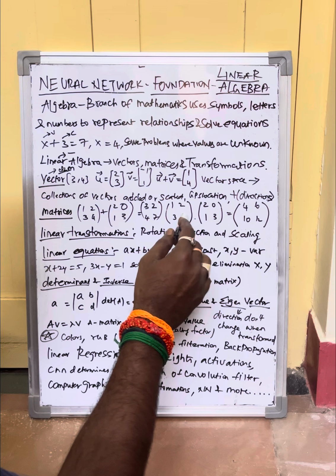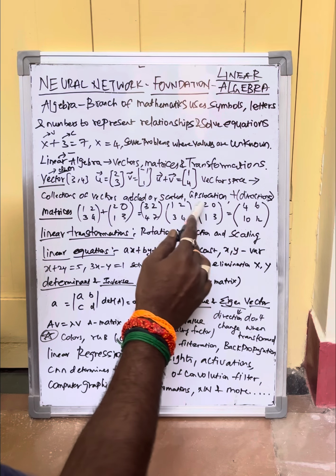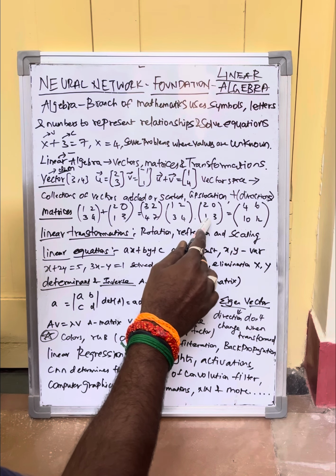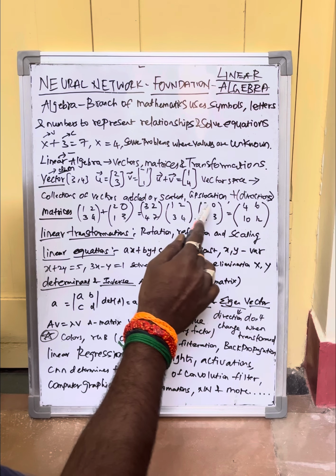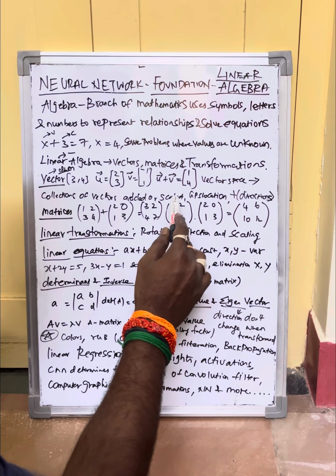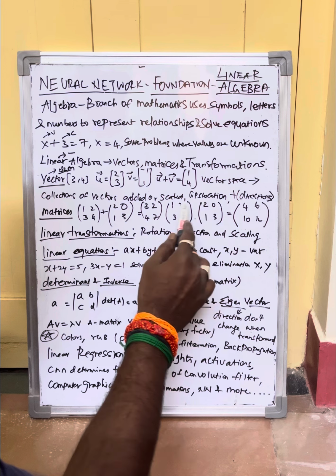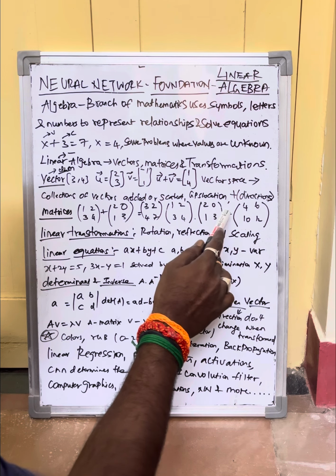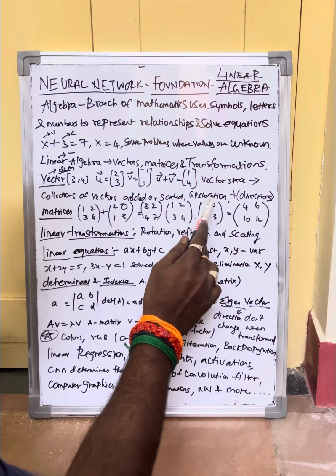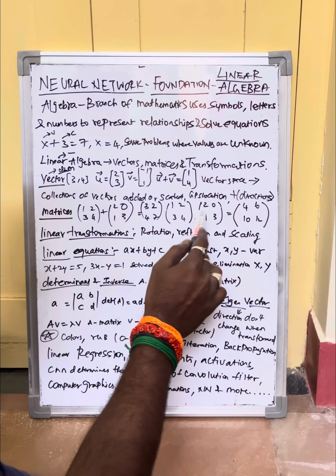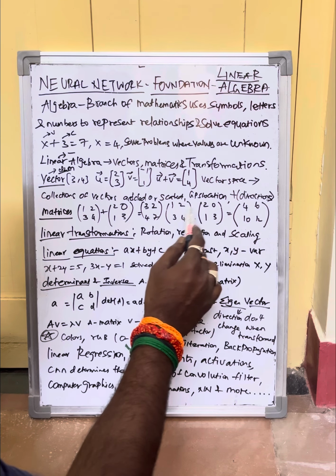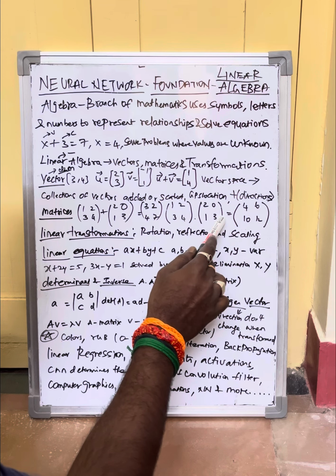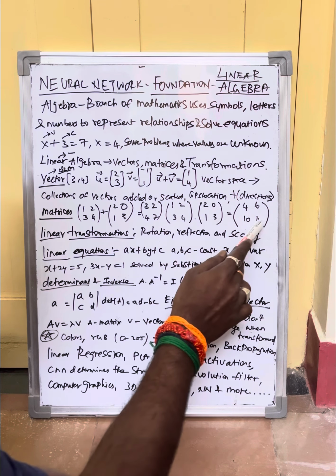So, 1 into 2 plus 2 into 1, which is 2 plus 2, 4, and 1 into 0 plus 2 into 3, so 0 plus 6 is 6. Then 3 into 2 plus 4 into 1, so this is 6 plus 4, 10. And then 3 into 0 plus 4 into 3, so 0 plus 12 is 12.